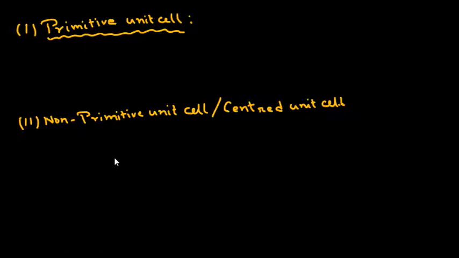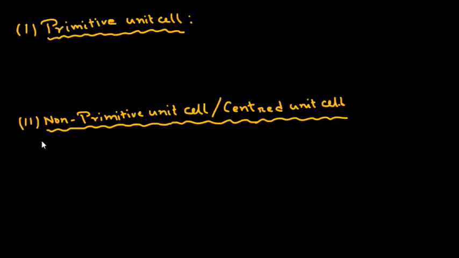So non-primitive or centered unit cell, what is it? We should know more detail. Though we have studied in the last class, I am giving more emphasis to this topic because this is very important. Solid state is based on this.